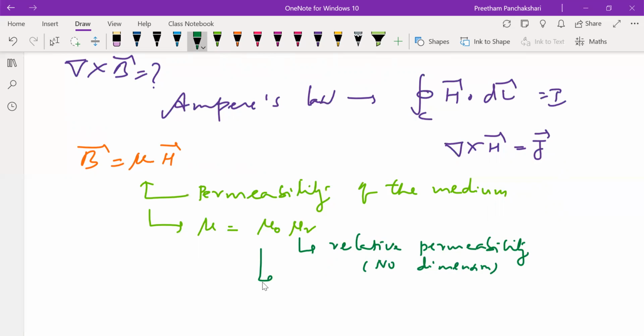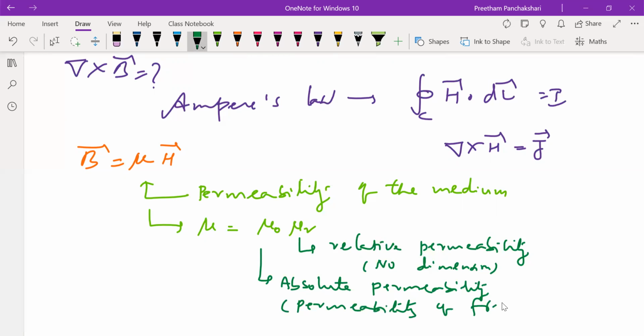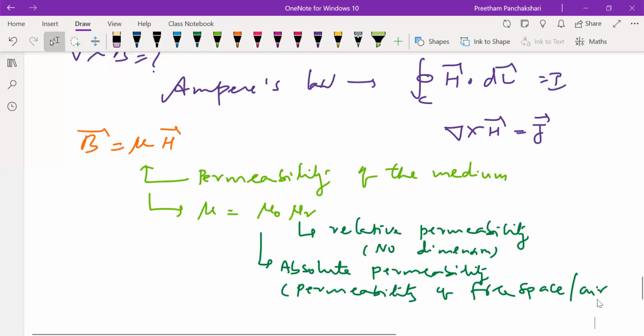Whereas mu naught is called absolute permeability, nothing but the permeability of free space, or air or vacuum, whatever it is.